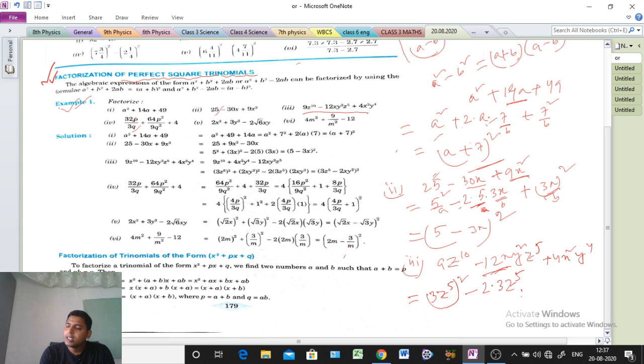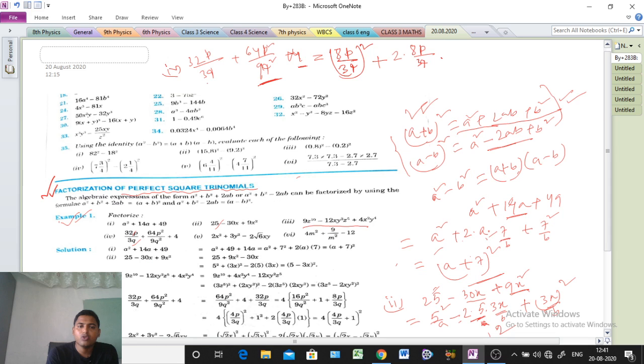Okay, next plus 2ab. So 2a means what, sir? A is 8p by 3q, 8p by 3q. Clear or not? Next 2a, B means what? B we don't know. See, in the given question 32p by 3q was there. So in A we are getting 3q and 8p also got it. Whatever is left from 32, numerator 32p was there, we are taking 8p, p also taken, 32 divided by 8 means 4 left.